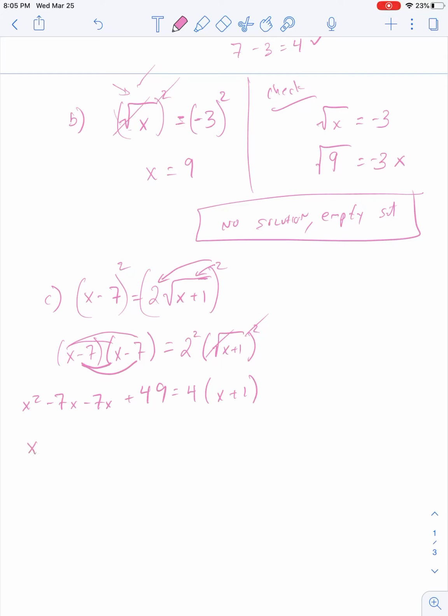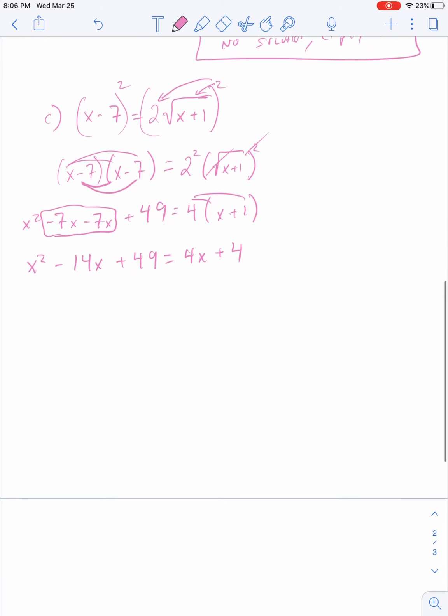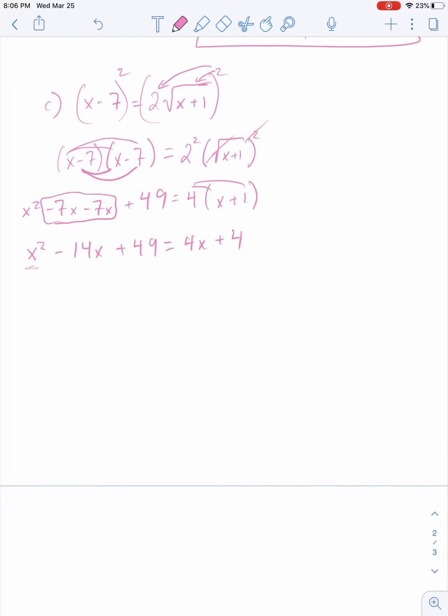All right, continuing on, we bring down our x squared. We can combine these two. Gives us minus 14x plus 49 equals, we distribute 4. We get 4x plus 4. All right, we see that this is now quadratic, so we want to set it equal to 0. All right, we learned this when we were talking about factoring.